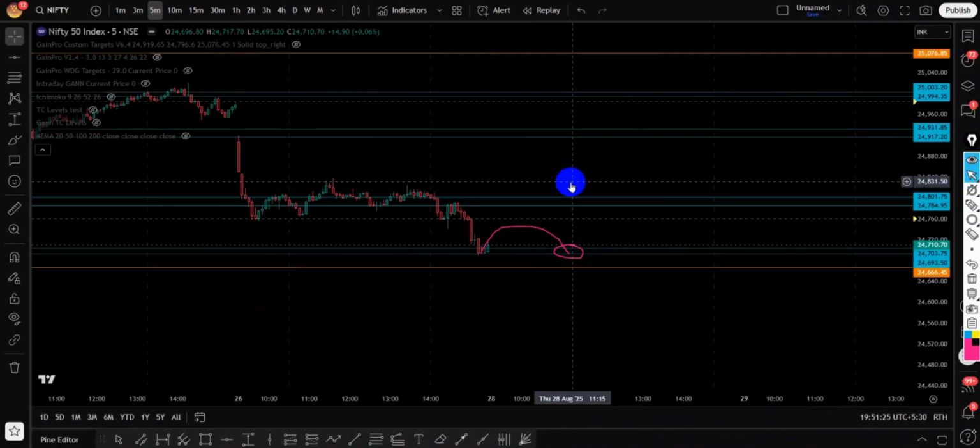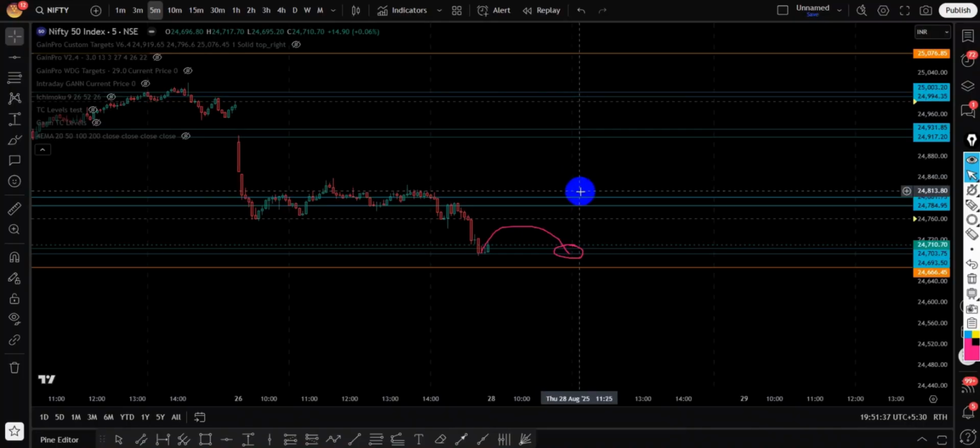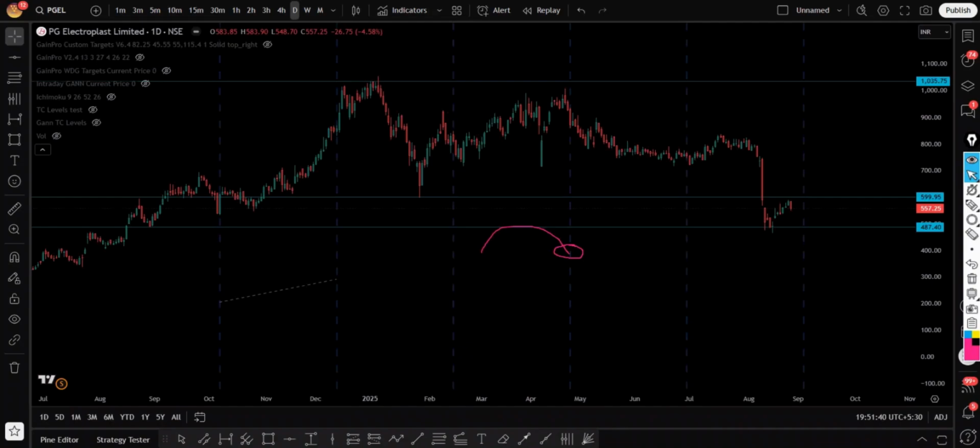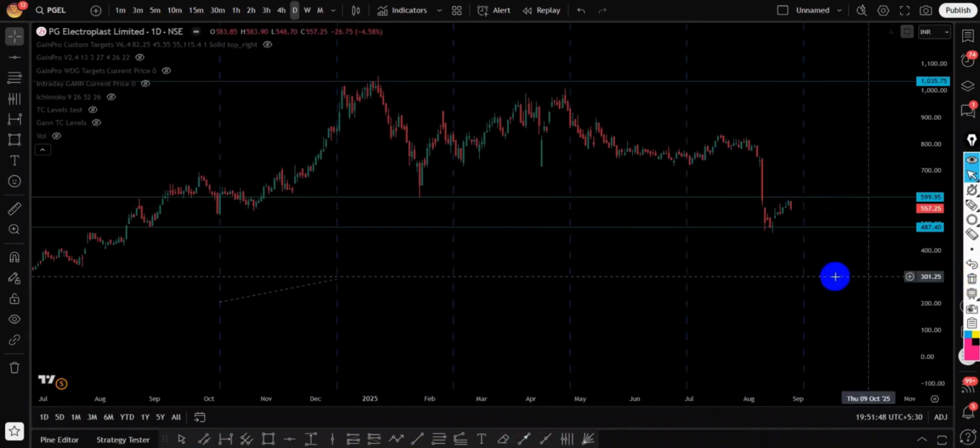So that's all, friends. This is how we should trade the timing candle and Gann's angle theory. I want to explain more, and in the coming weeks I'll post more videos, because I have made a small video on PGEL, PG Electroplast, also, on how to trade the timing candle. We have done it for almost all the stocks.